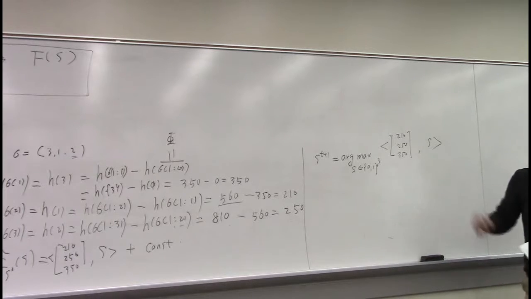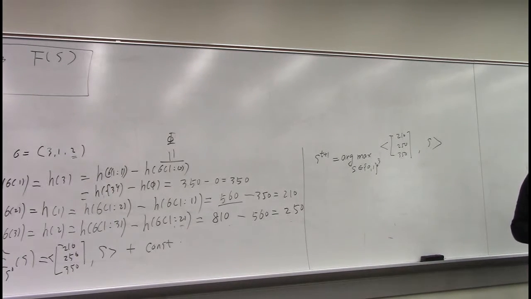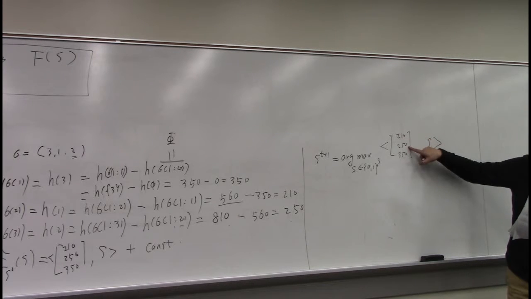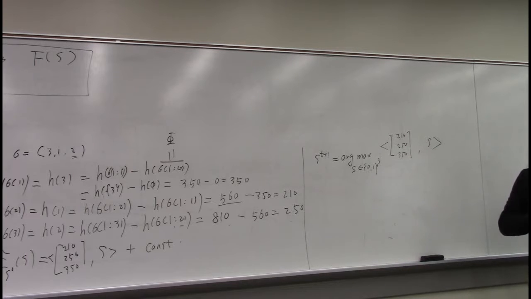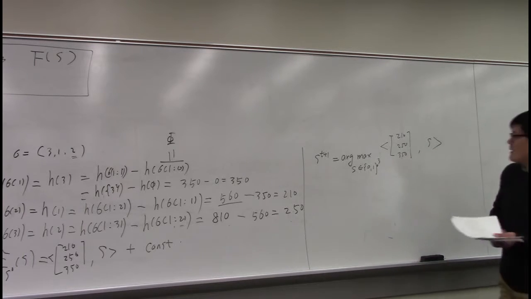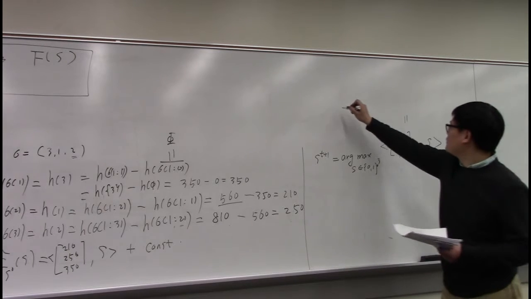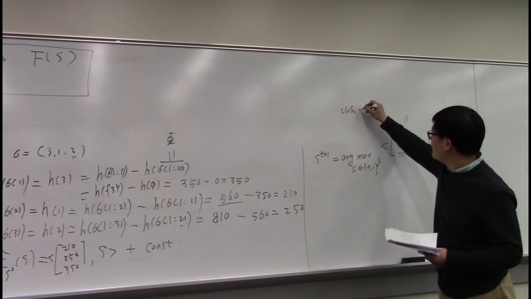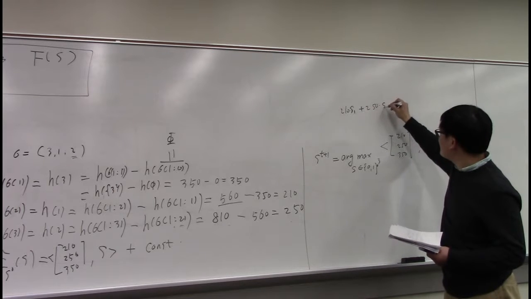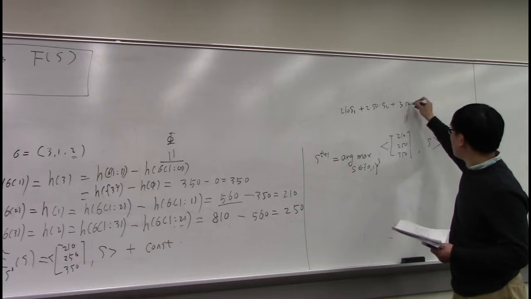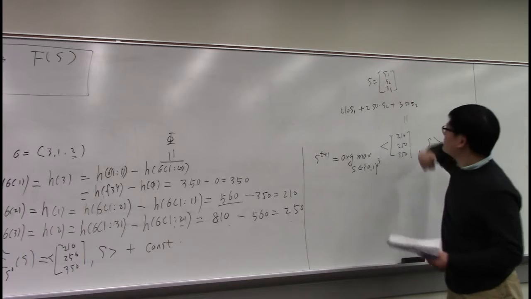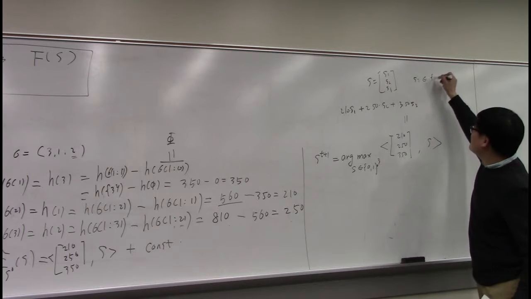What S can make this maximum? See? So this is the weight of item 1, weight of item 2, weight of item 3. So keep in mind, right? This is equal to what? 210 times S1 plus 250 times S2 plus 350 times S3. S equals S1, S2, S3. And then each Si belongs to 0 or 1.